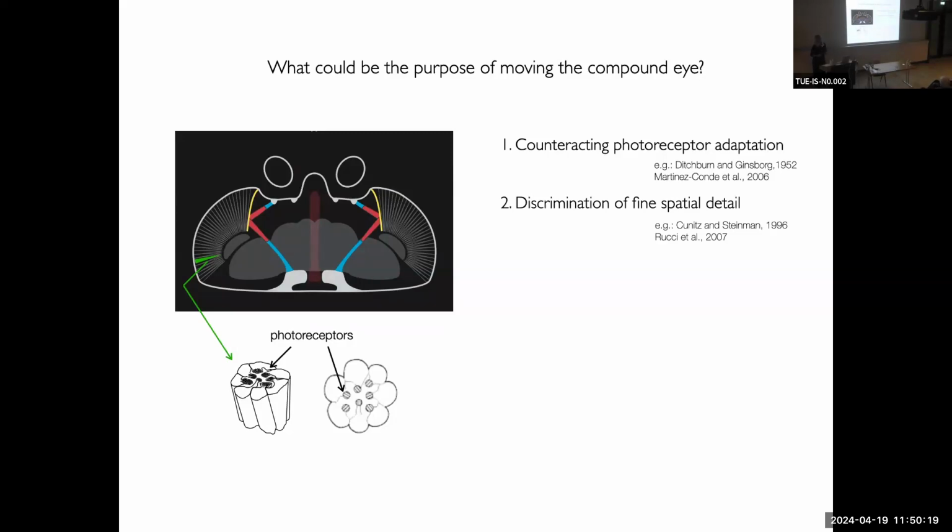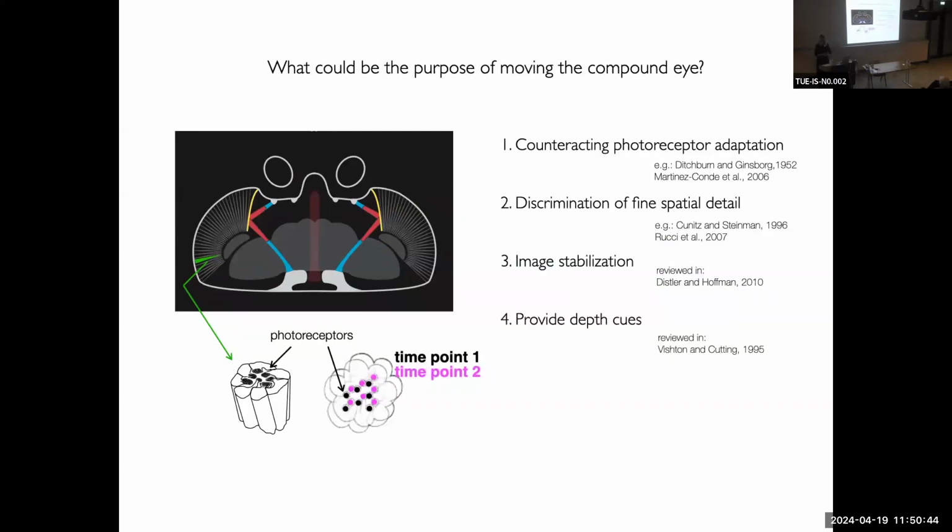Again, if you imagine a stationary eye, the spatial detail you can resolve is harshly limited by the angle between the receptor units. But if you can move them over time, you can increase the spatial detail you have access to. And actually, engineers make use of jittering sensors to do exactly that. Then third, you could move the eye to stabilize moving objects, and potentially eye movements could also provide depth cues.